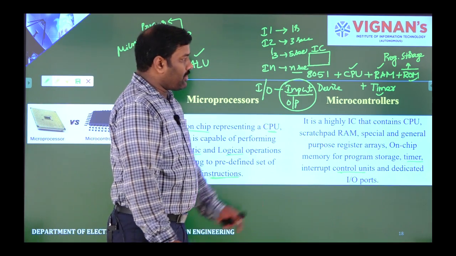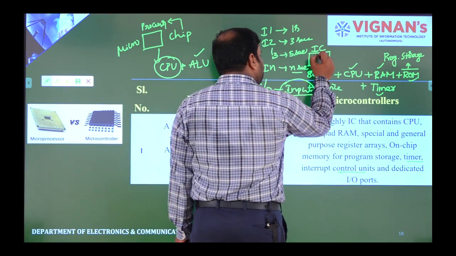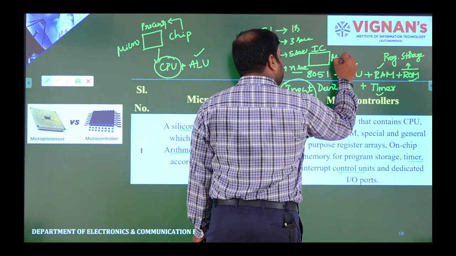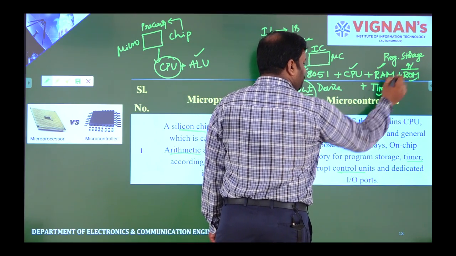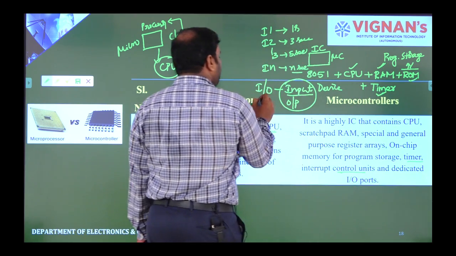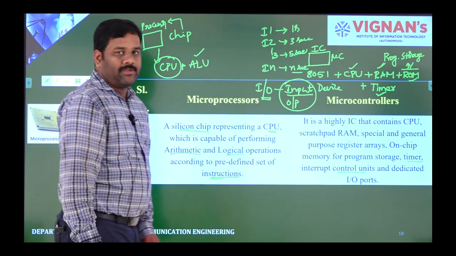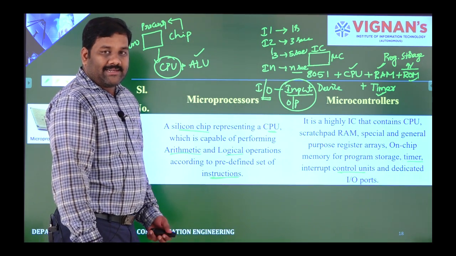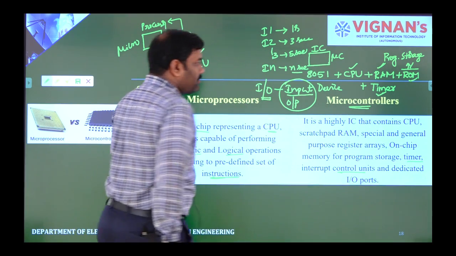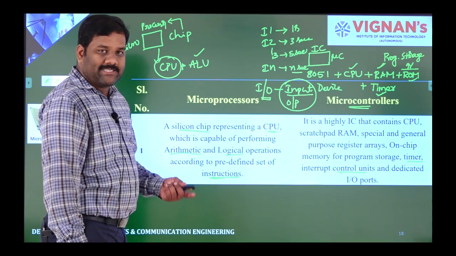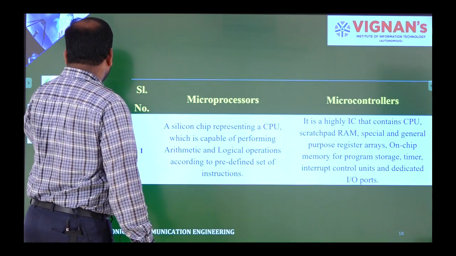A microcontroller consists of one IC, which is the microcontroller, along with CPU, RAM, ROM, timer and I/O device support also. This is the reason why microcontrollers can support executing specific applications.